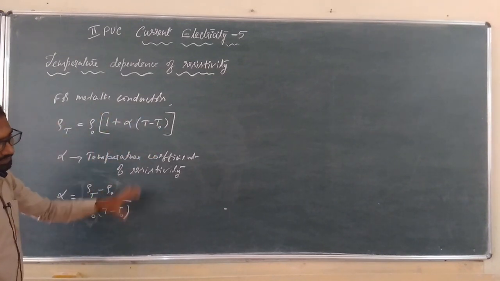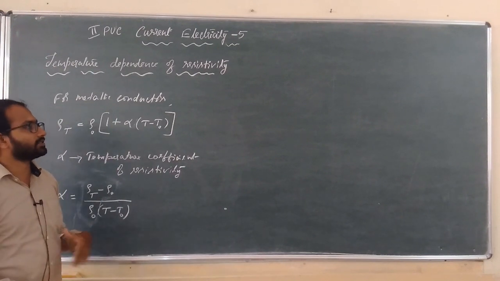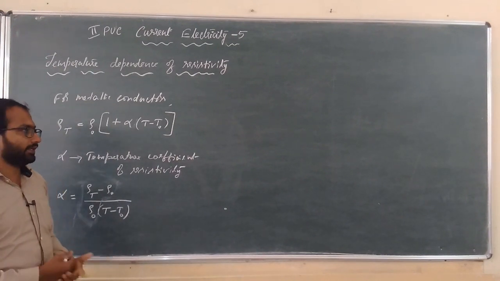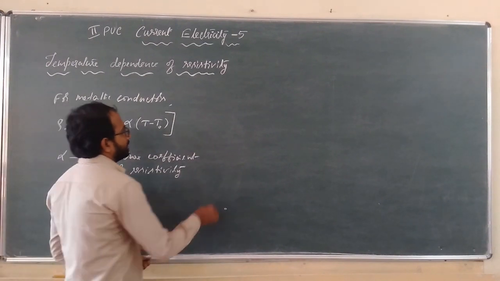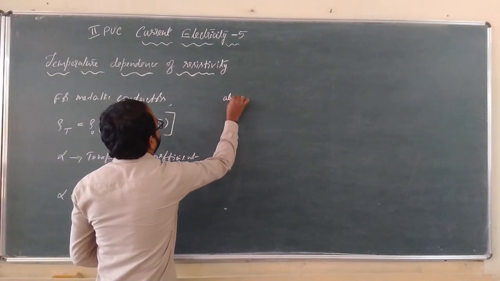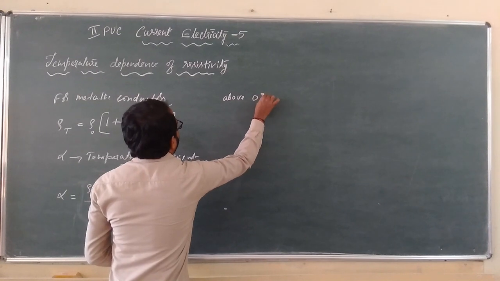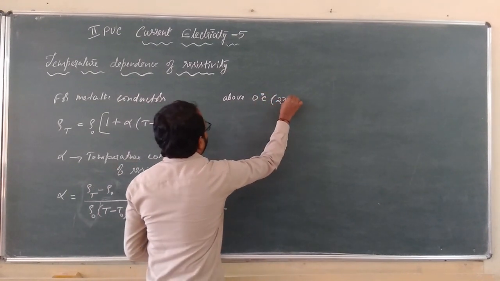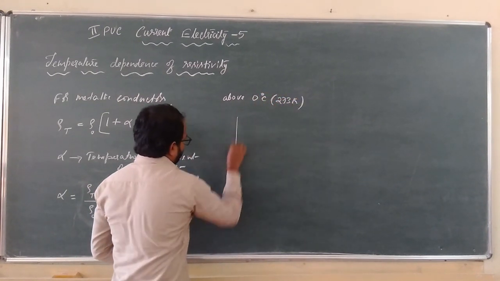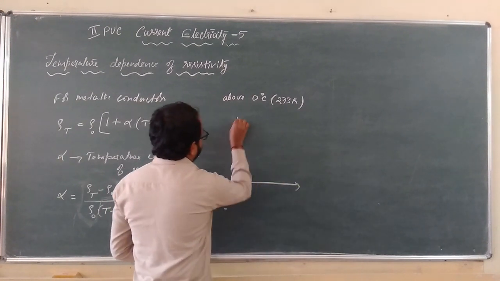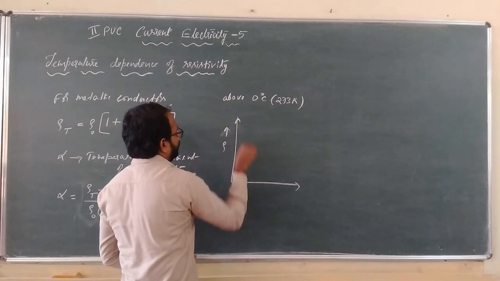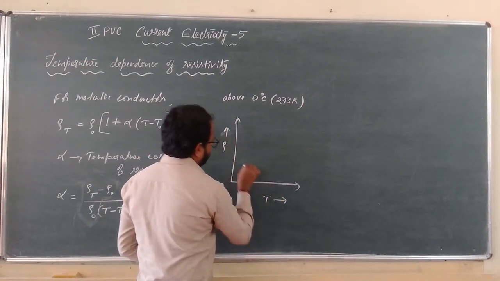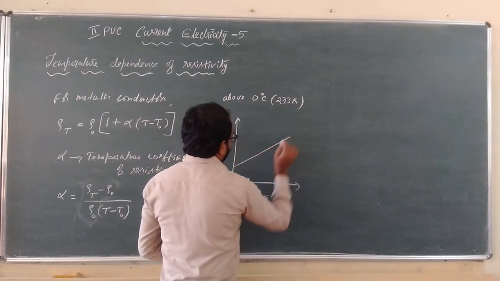This expression is valid only if the temperature is above 0 degrees Celsius or 273 Kelvin. If I plot a graph of the resistivity of the conductor along the y-axis with respect to temperature, we should get a straight line.